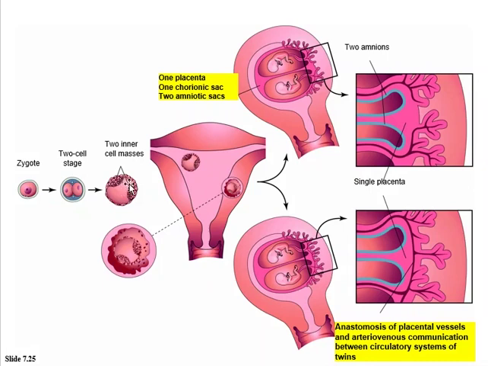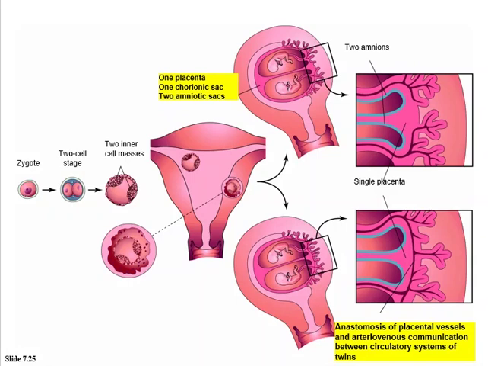So their fates are two. They have two amnions, but we have one placenta and a single chorion. Again, we have a single placenta and single chorion, but two amniotic sacs.